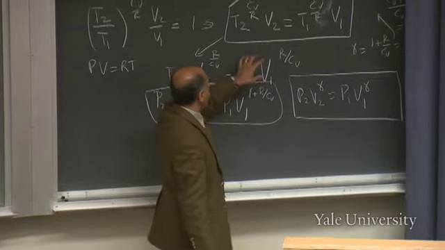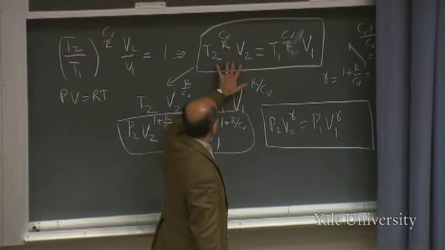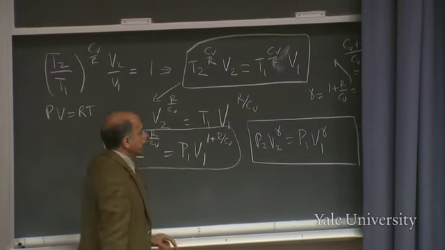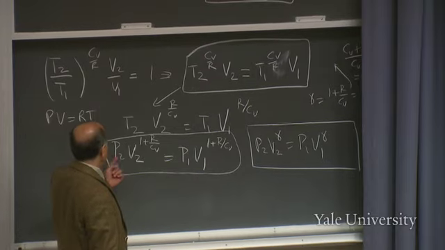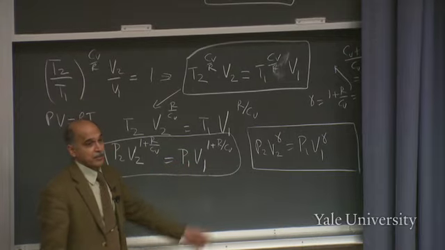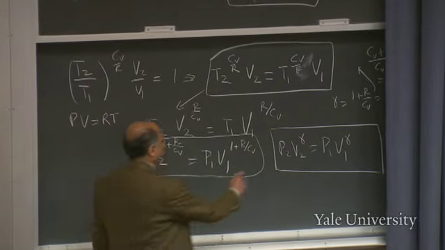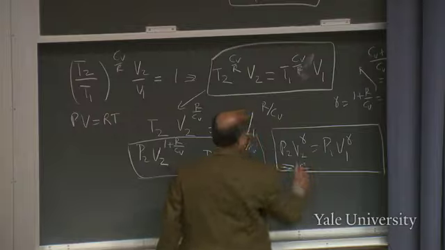So if you take any 2 points, that combination of temperature and volume doesn't change. Then since PV is essentially T, you can also write it as pressure times volume to the power gamma doesn't change. So I'm saying you can call all of that equal to some constant C.